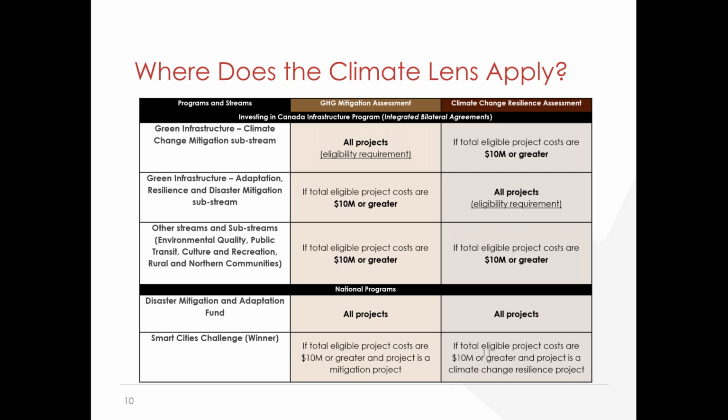For projects that are above $10 million, they need to conduct both assessments. In terms of the Smart Cities Challenge, winning projects that are targeting a climate-related outcome should complete the relevant assessment when project costs are $10 million or more.